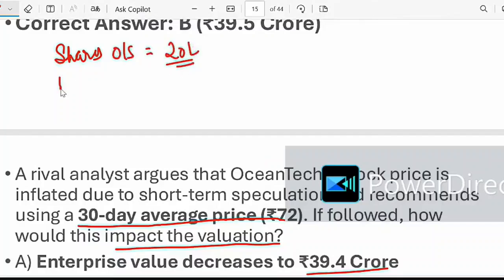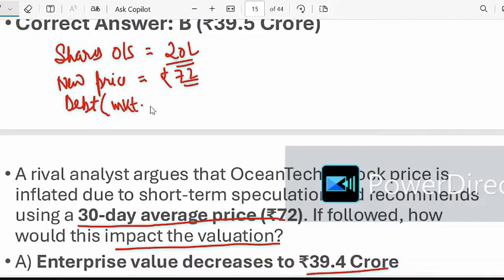Now, what is the new price suggested? They have suggested rupees 72. Earlier we took rupees 75. And the debt market value does not change with respect to the price. Debt market value they have given is 24.5 crore. Now can you do the calculation? Let's do the math.